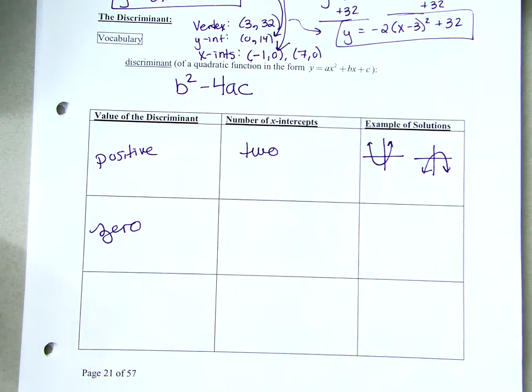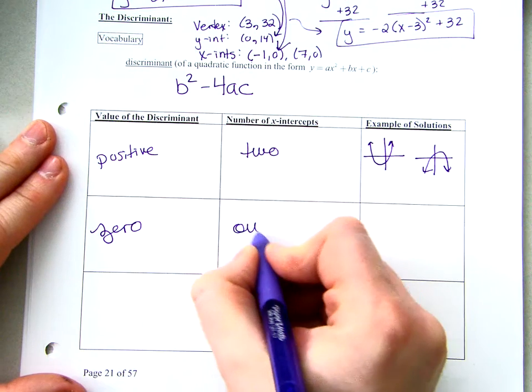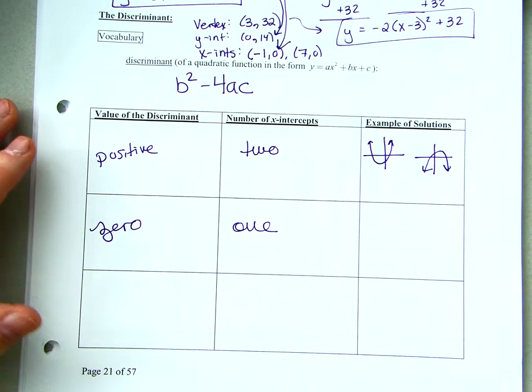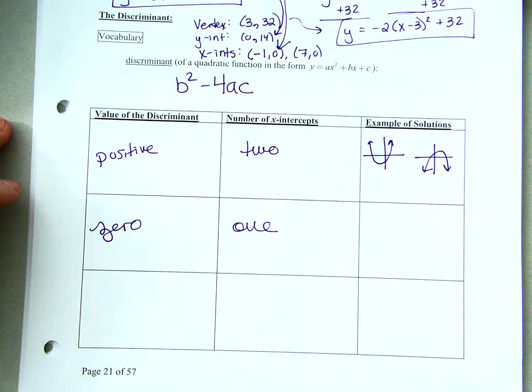If your discriminant is 0, that means when you're using the quadratic formula, you're going to get plus or minus root 0. How many different answers does that give you? Plus or minus root 0? 1, because there's no difference between plus root 0 and minus root 0. We are going to have only one x-intercept. I feel like yesterday someone in here told me what one x-intercept would look like.